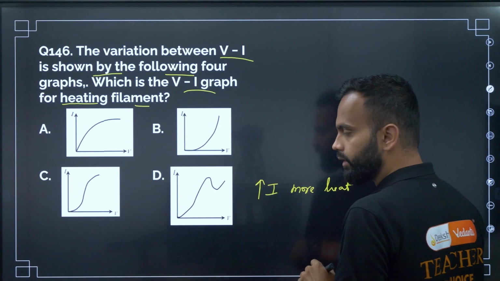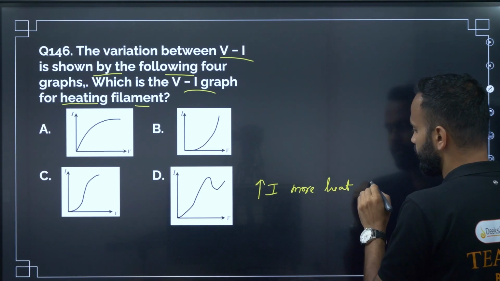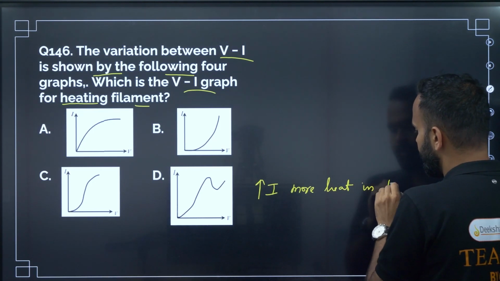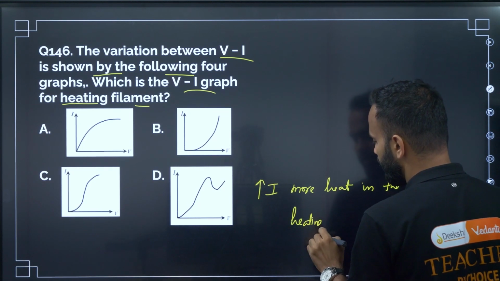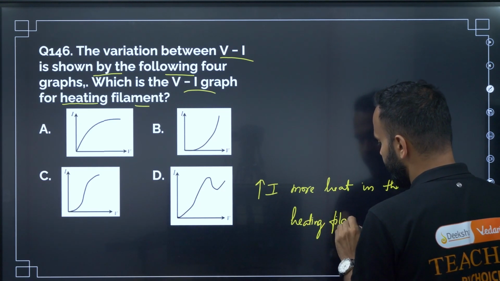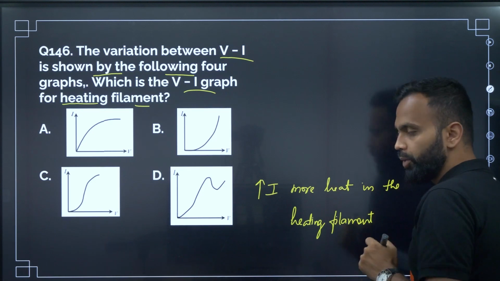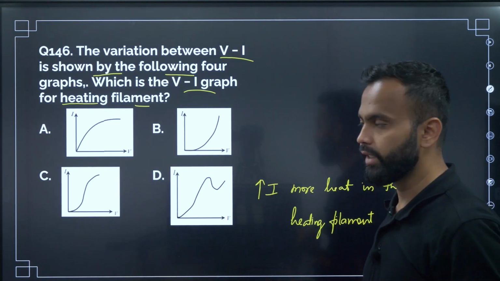Heat will increase in the heating filament, right? So there will be more heat in the heating filament, right?